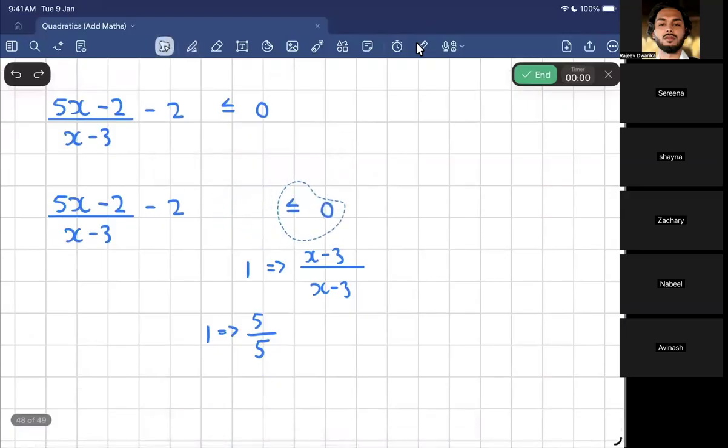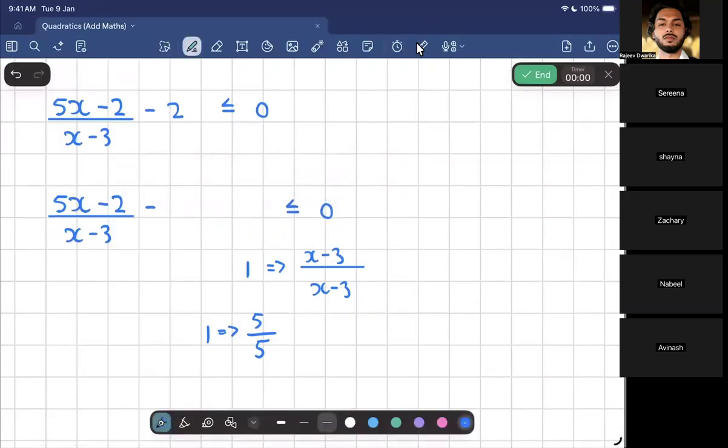Watch this carefully. So if I wanted to get 1, I would have written x minus 3 all over x minus 3. But I want to get what? 2. So if I wanted to turn 1 to 2, I would have to multiply 1 by what? 2. Right.